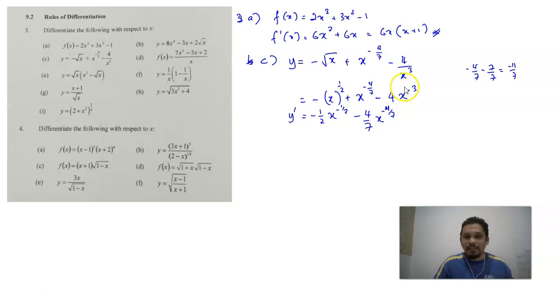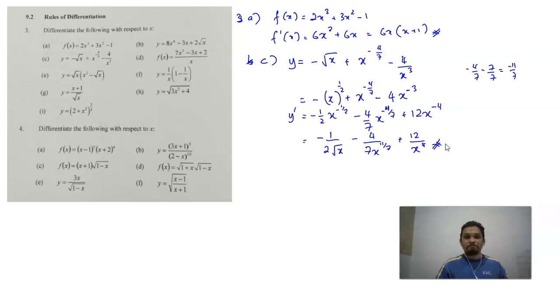And then negative 3 times negative 4, positive 12, x to the power of negative 3 minus 1, negative 4. Okay, so negative 1 over 2 square root of x, and then negative 4 divided by 7x to the power of 11 over 7 plus 12 x to the power of negative 4. There you go.